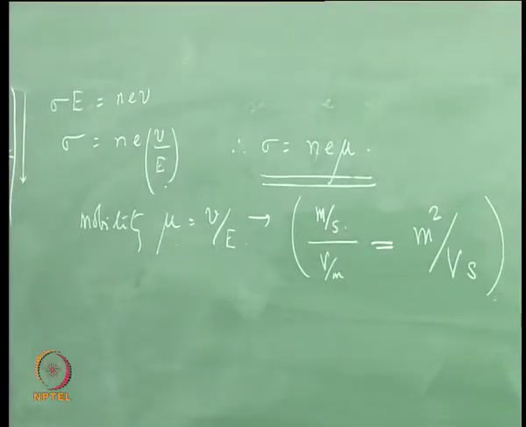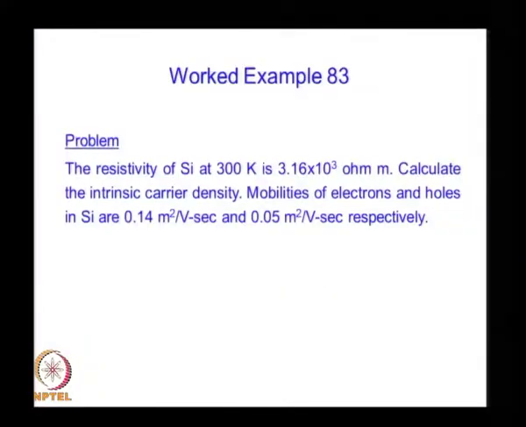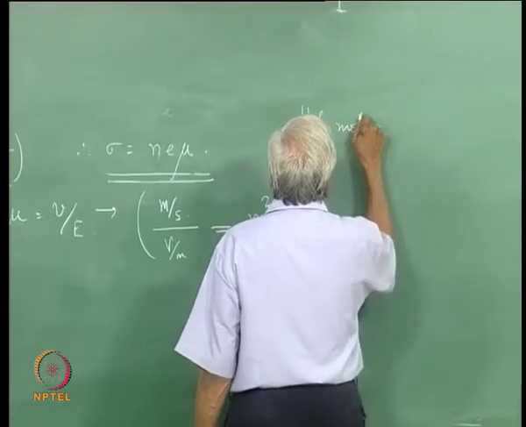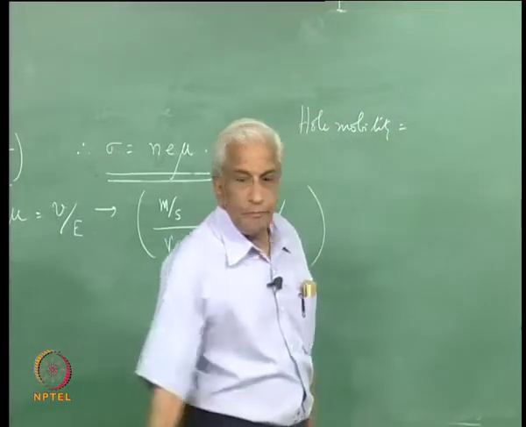In this problem, we are given that the electron mobility in silicon at 300 K is 0.14 meter square per volt second, and the mobility of holes is given as 0.05.